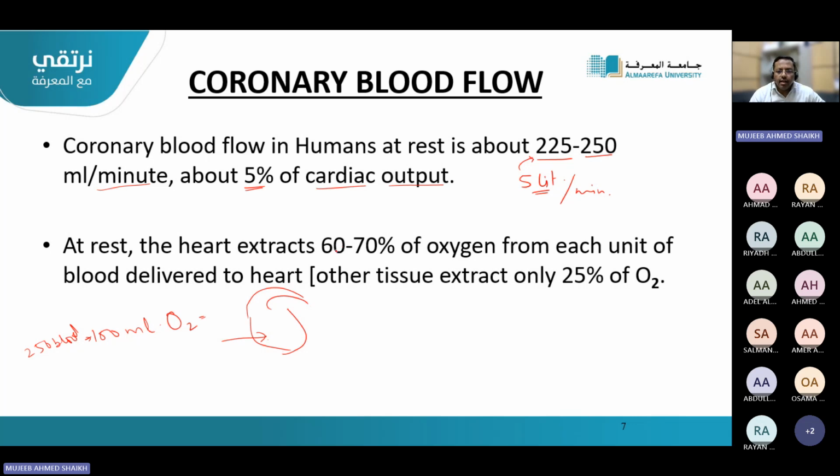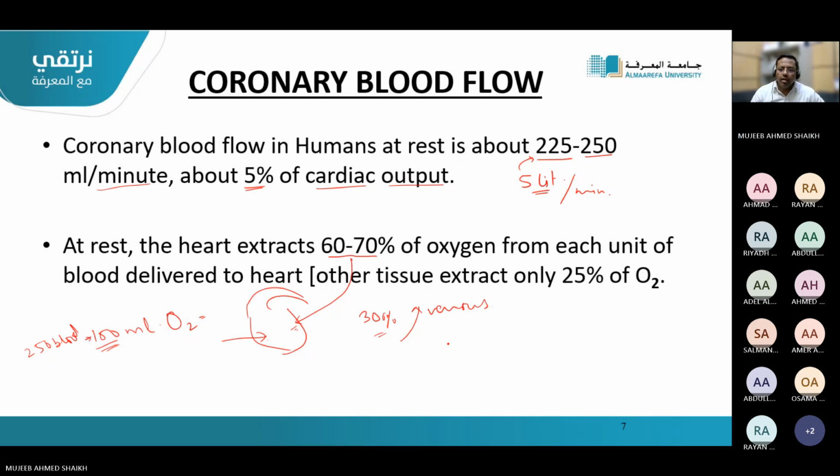Out of that, the cardiac muscle will extract around 60 to 70% of the oxygen. Out of 100 ml of oxygen, 60 to 70 ml will be extracted from that blood. So how much is remaining? Remaining blood oxygen will be only 30 ml or 30%. Only 30% will go to the venous side.